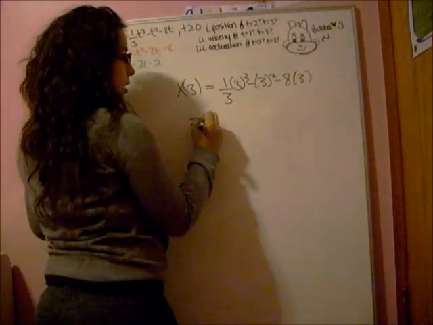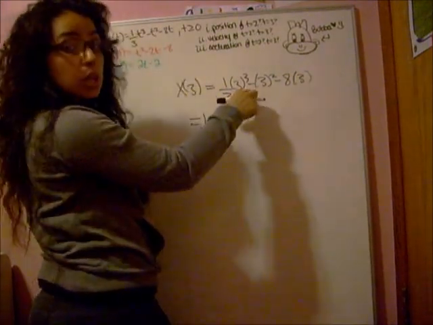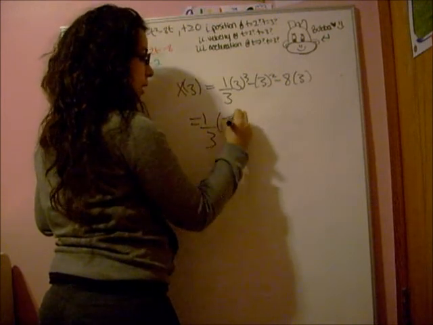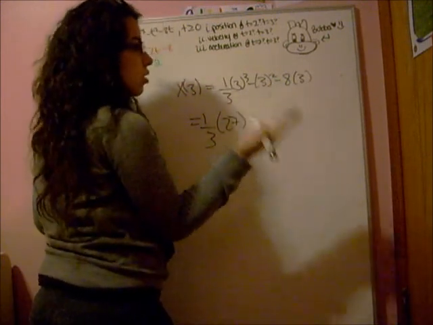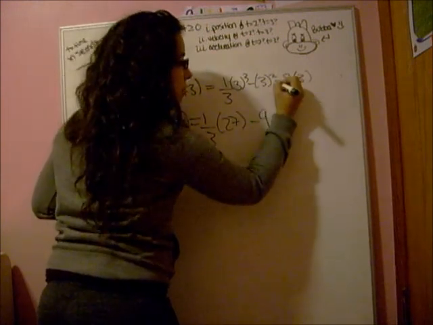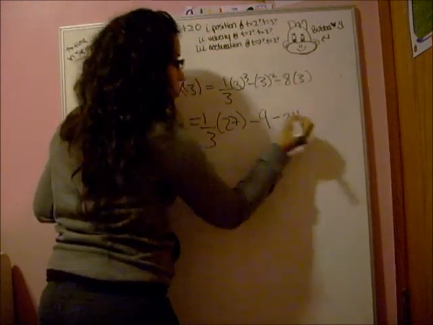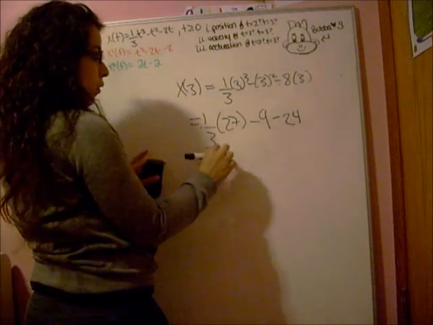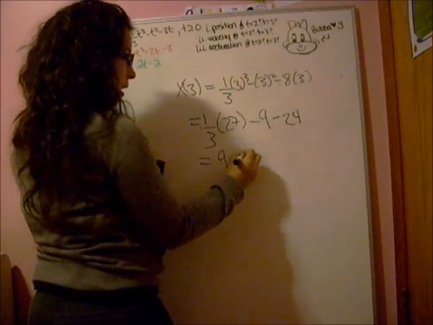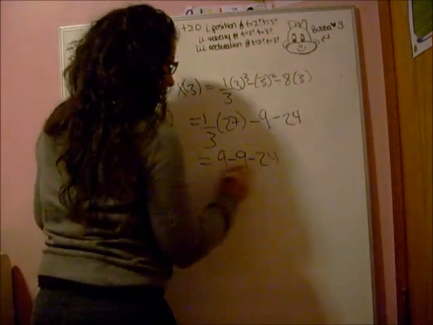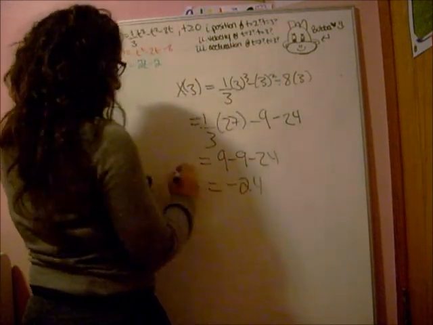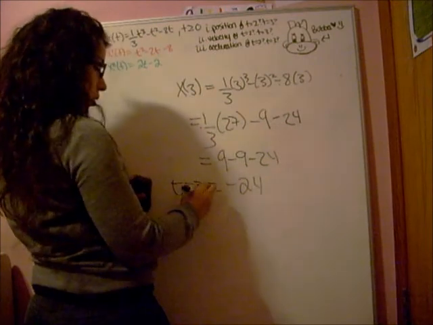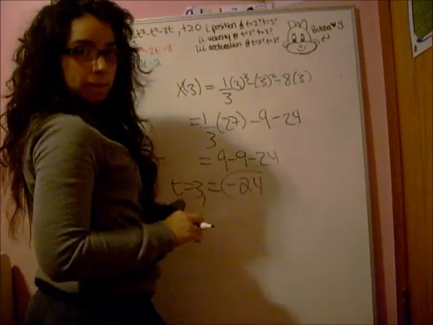So now we simplify this: 3 cubed is 27, minus 3 squared, which is 9, minus 8 times 3, which is 24. So then 27 over 3 is 9, minus 9, minus 24. If we simplify this, it's negative 24. So the position at t equals 3 is negative 24.